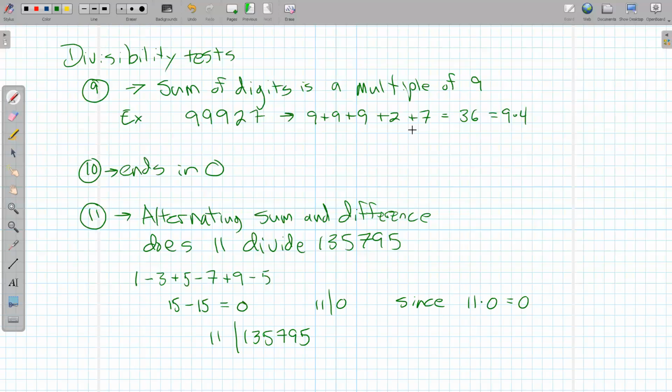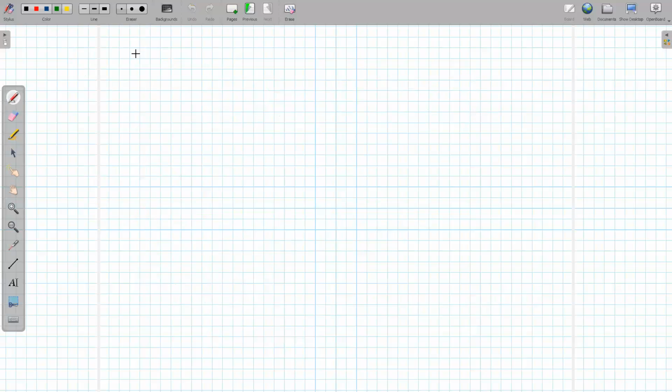All right, moving on. Let's see, I think we'll stop at 12. So divisibility test for 12.